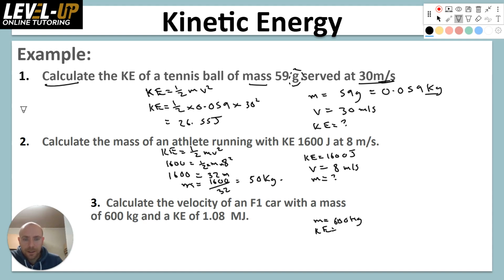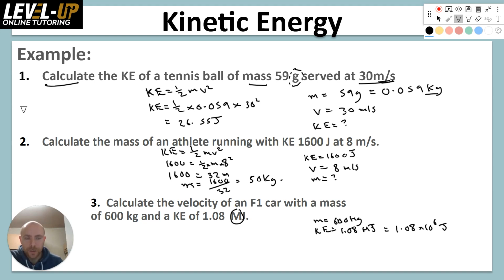Kinetic energy, 1.08 megajoules. Hopefully you're screaming at me. Not megajoules, we want it in joules. So that equals, remember the multiplier is times 10 to the 6. So 1.08 times 10 to the 6 joules.